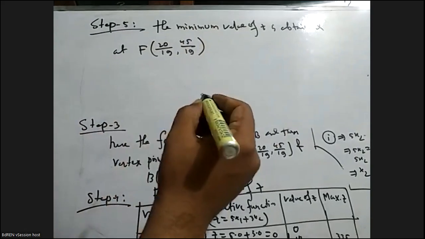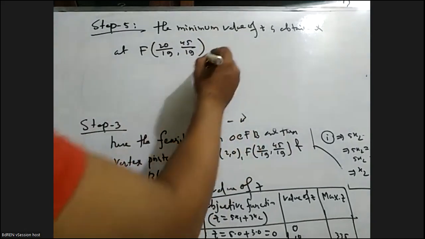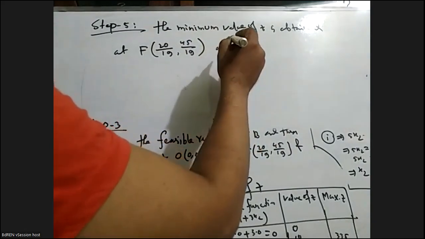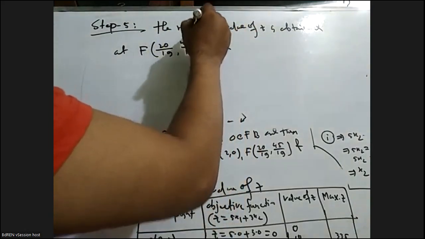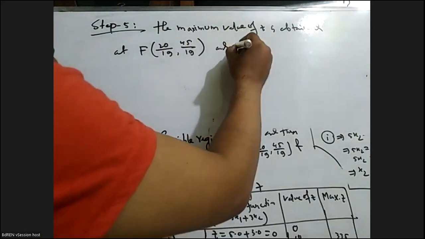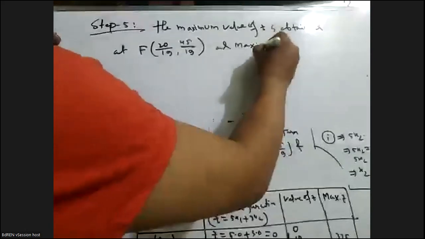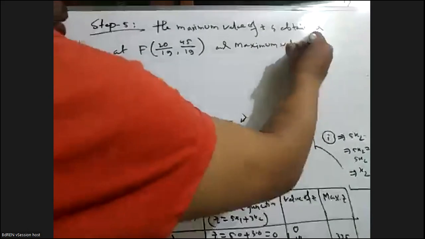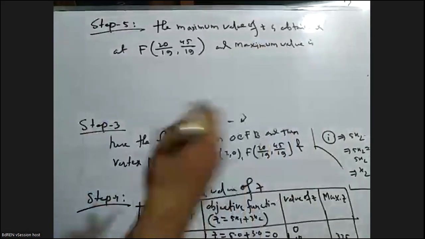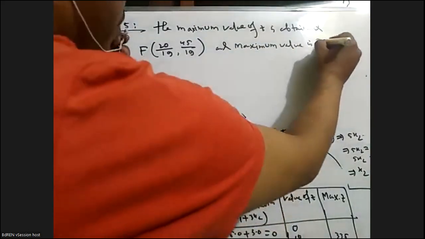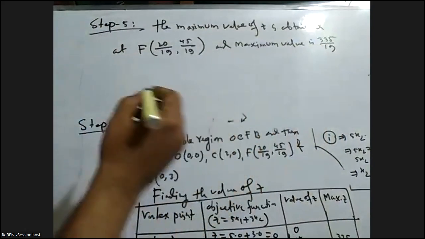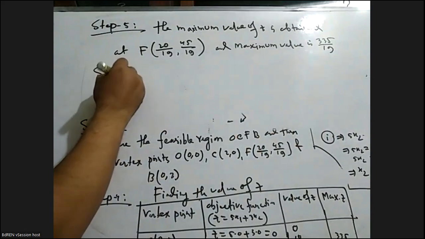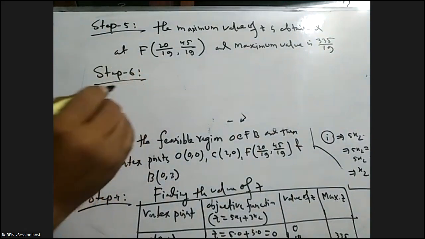Okay, and the maximum value is 335 by 19. Step 6.